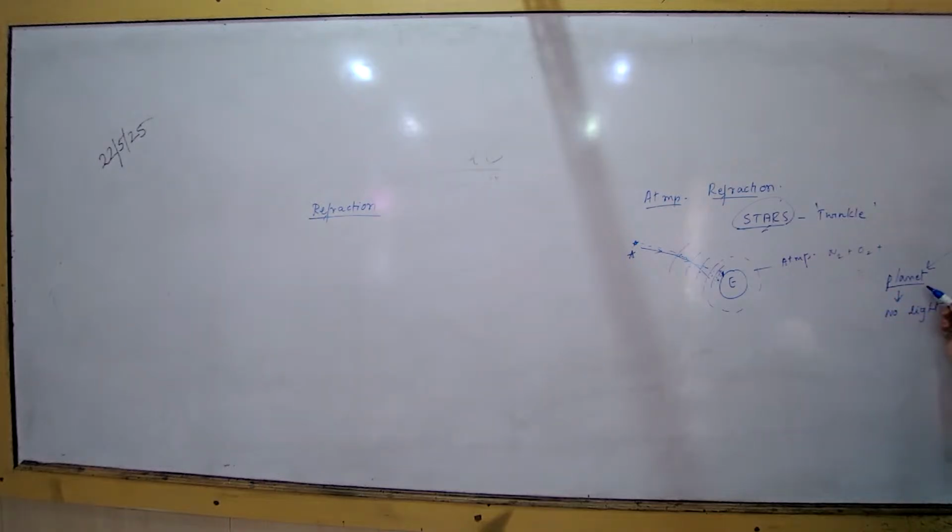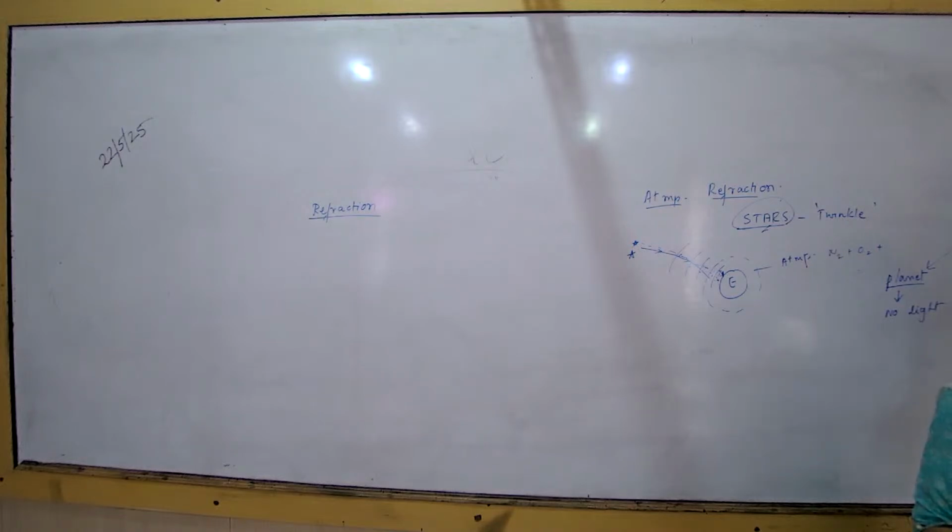Since a planet has no light of its own, and it is only reflected light, and it is much, much closer, you can take a planet to be a collective of many, many point sources of light. If one part of it becomes dim, the other part becomes brighter, and therefore it averages out.